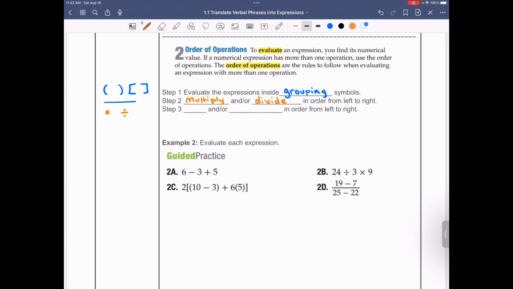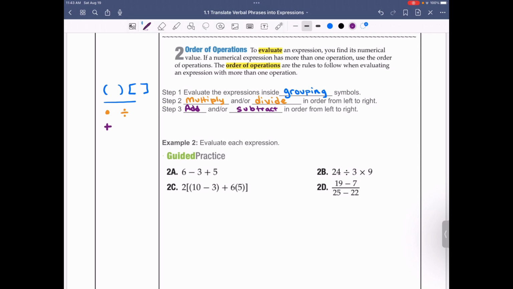Sometimes they show multiplication as a number next to parentheses. So we will talk about that when we see that in problem 2C. Then, the last thing that we do is we add and or subtract in order from left to right.